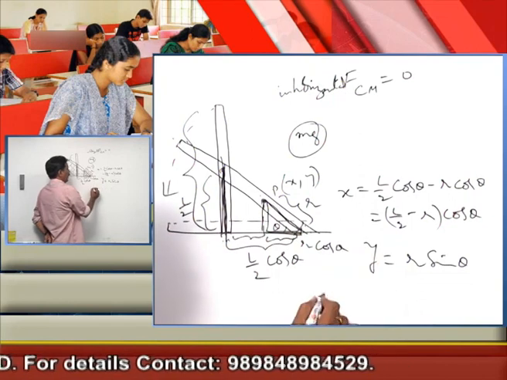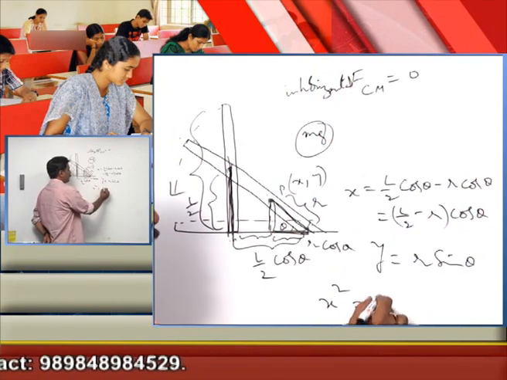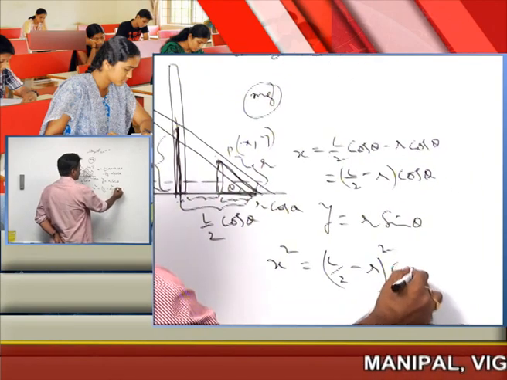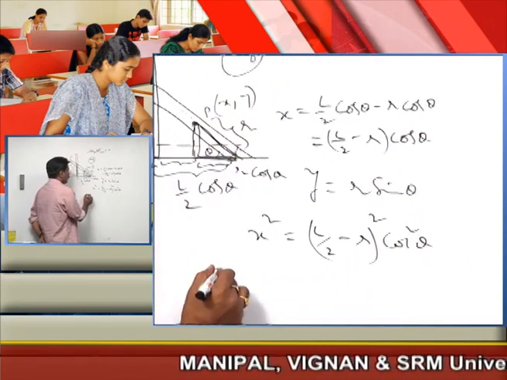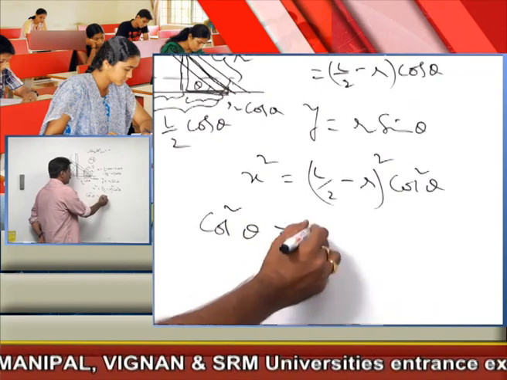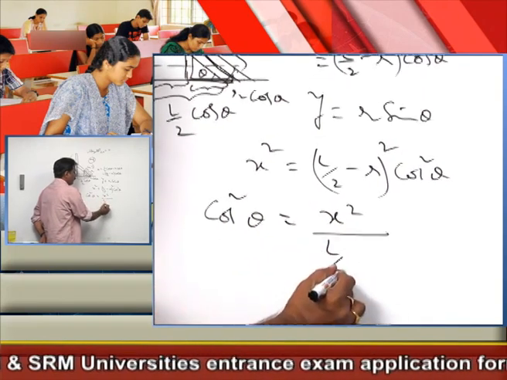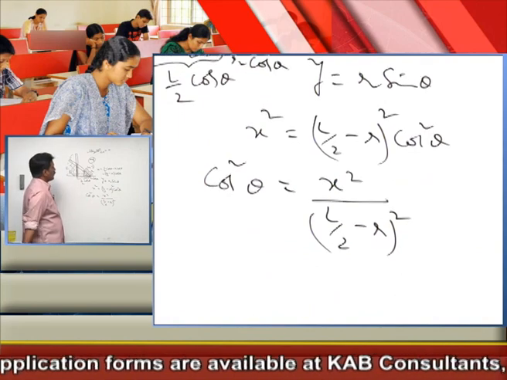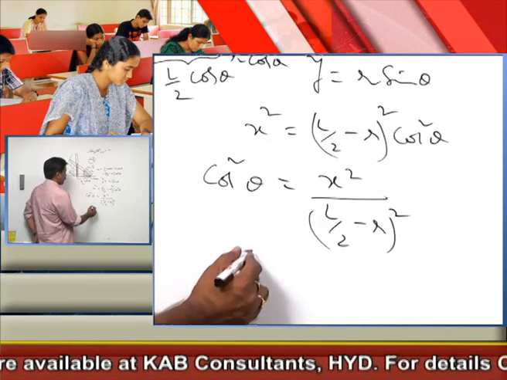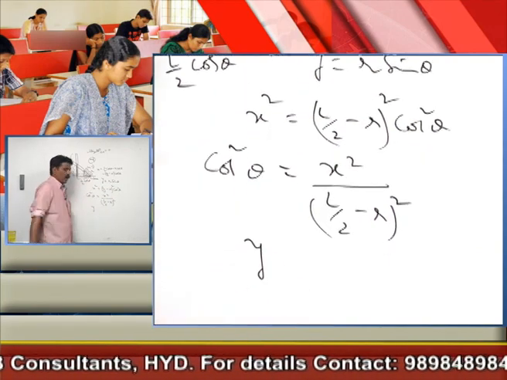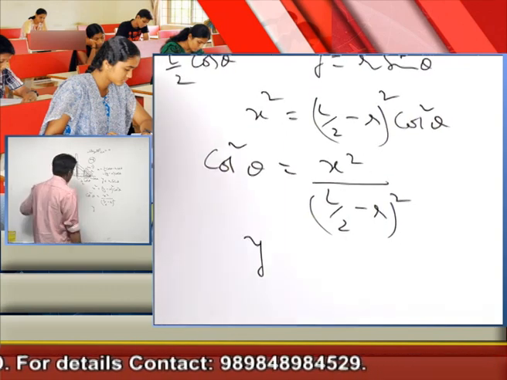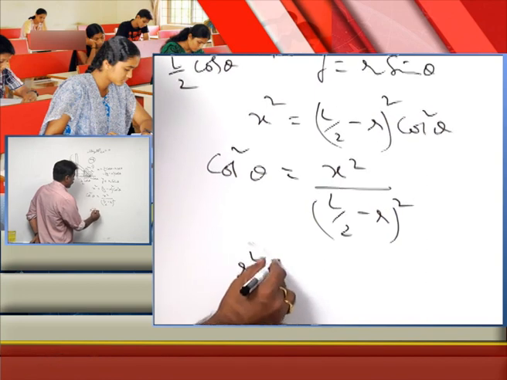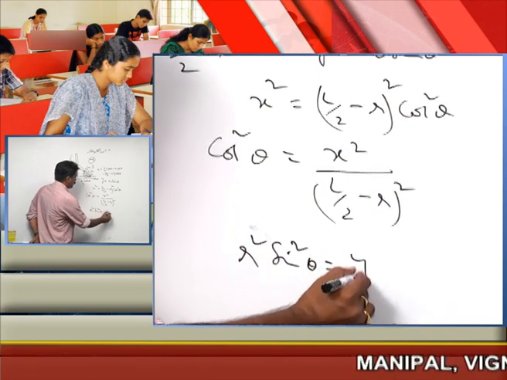Now, x square is equal to L by 2 minus r whole square into cos square theta, or cos square theta is equal to x square by L by 2 minus r whole square. Similarly, y equal to r sin theta means r square sin square theta is equal to y square.